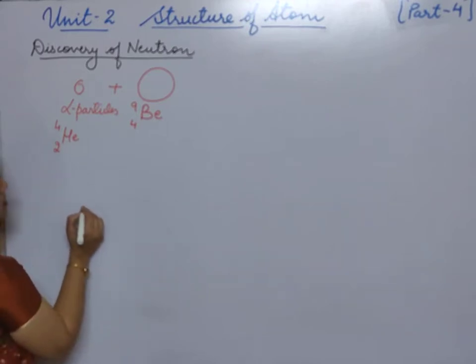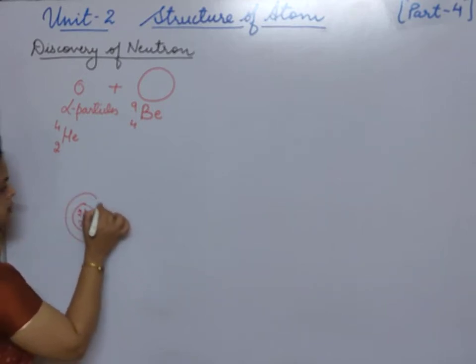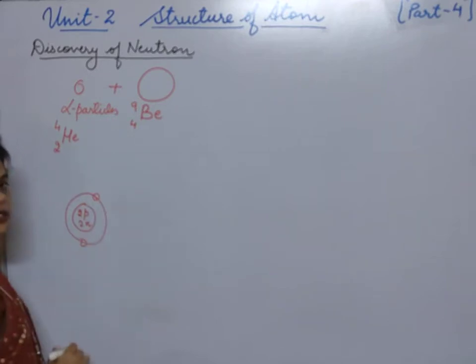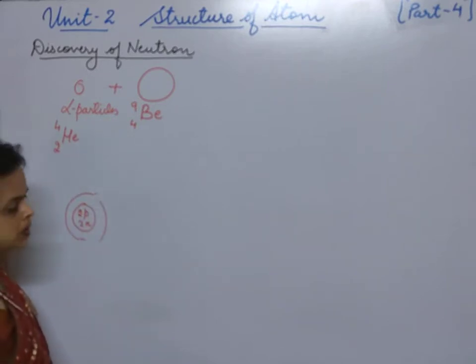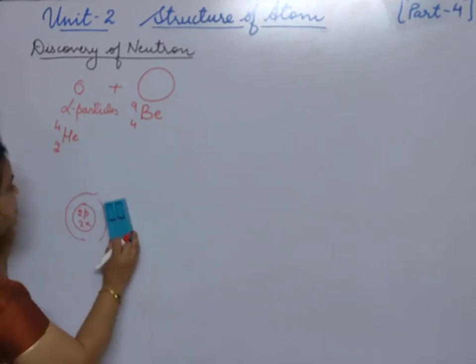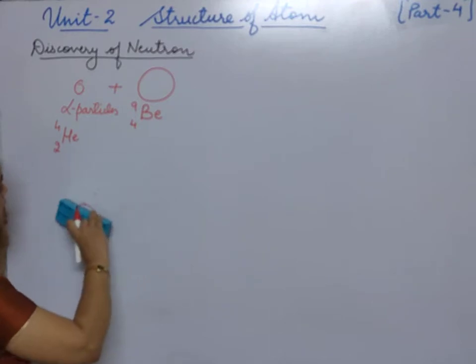That means inside this nucleus there are 2 protons and 2 neutrons, and in the first shell it has 2 electrons. When these 2 electrons are removed, what is left behind? +2 charge on the helium nuclei.